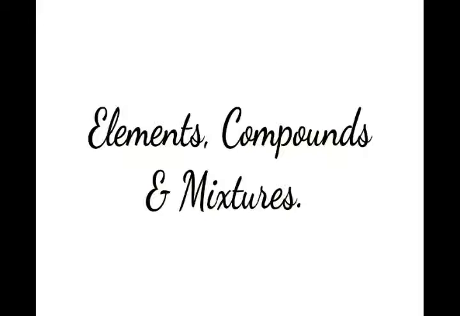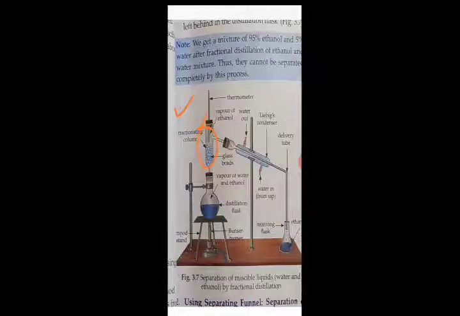This is the diagram of the fractional distillation. The same setup as we were using in distillation, only the difference is seen in the fractionating column. You can see that the vapors are visible over here. This particular part is not there in the simple distillation.